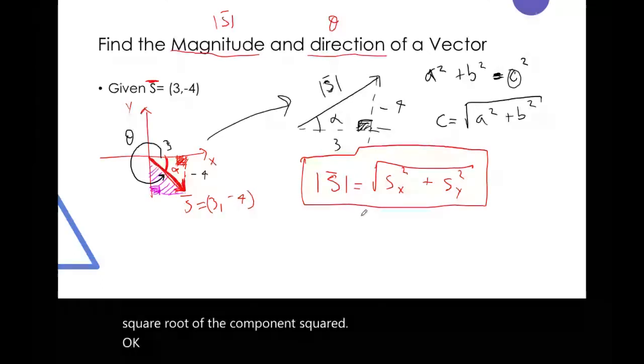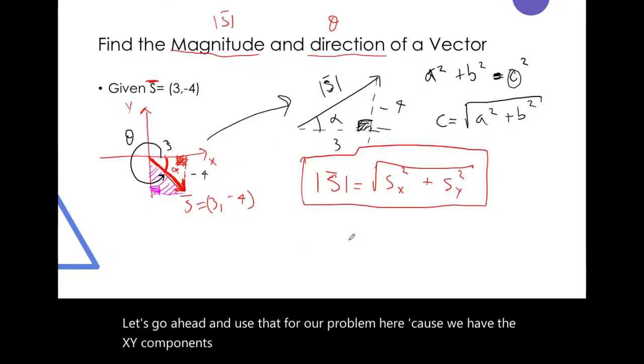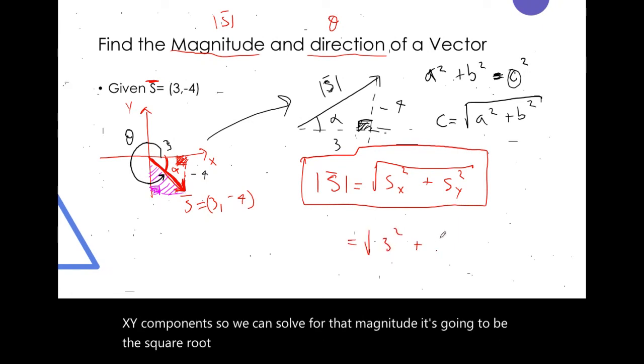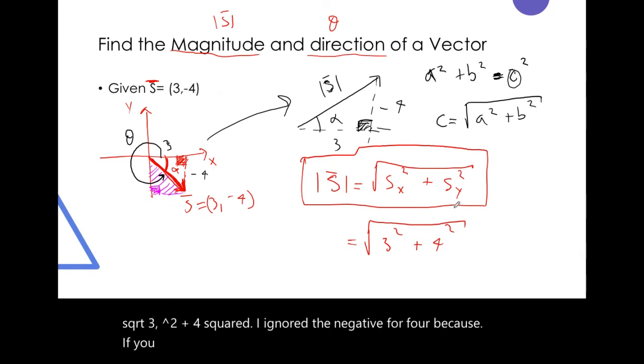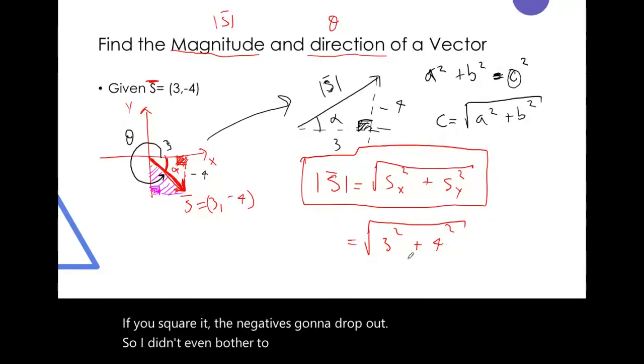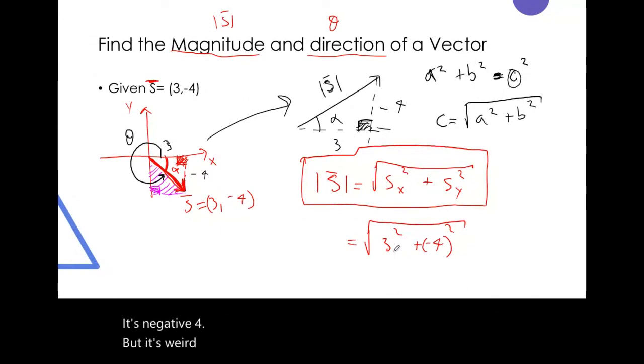Well, let's use that for our problem here because we have the x and y components. So we can solve for that magnitude. It's going to be the square root of 3 squared plus 4 squared. I ignored the negative for 4 because if you square it, the negative is going to drop out. So I didn't even bother to write it, but I will write it just to be precise. It's negative 4, but it's squared, so it doesn't really matter.